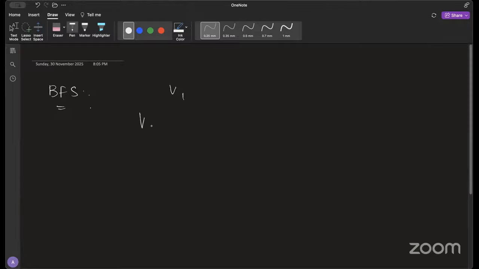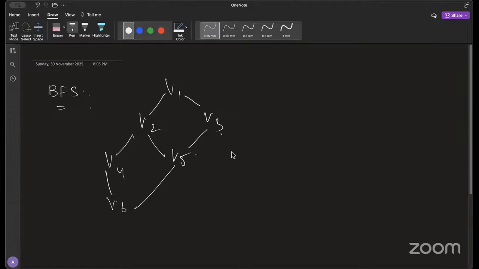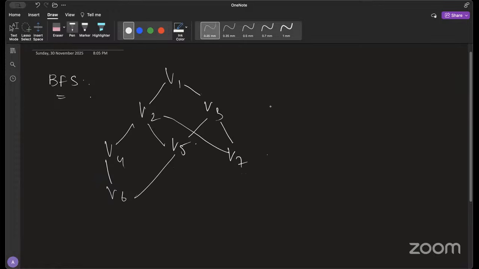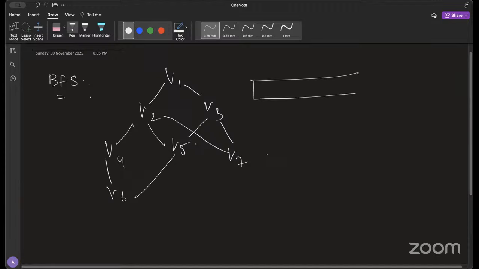Have V1, then let's do this. We use BFS up to this question. Firstly, we need, then we write things down.